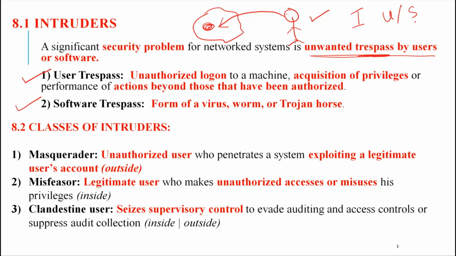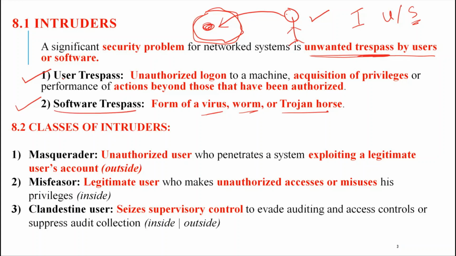If it is software, it will be malicious software, as we discussed in lecture number 5. It could be a virus or a worm or a Trojan horse, which can enter into your network and misuse the resources available here. So this is called software trespass.